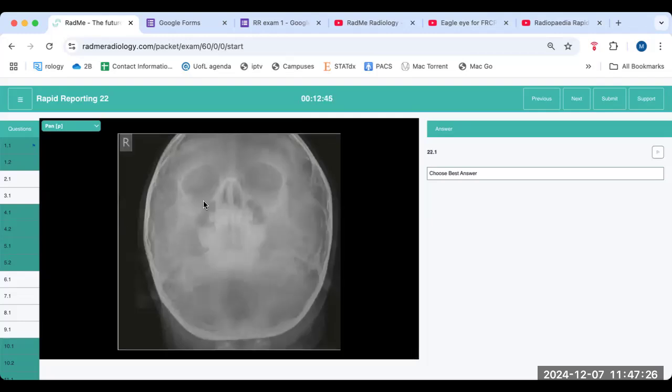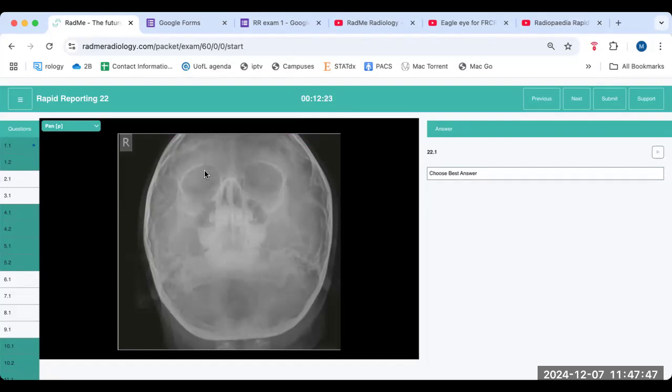Here we can check the orbits, the orbital floor, the maxillary sinuses, the zygoma, and the parts of the mandible which are included. I cannot see anything here, but in the skull I can see there is a lucent line there. It is not a suture.